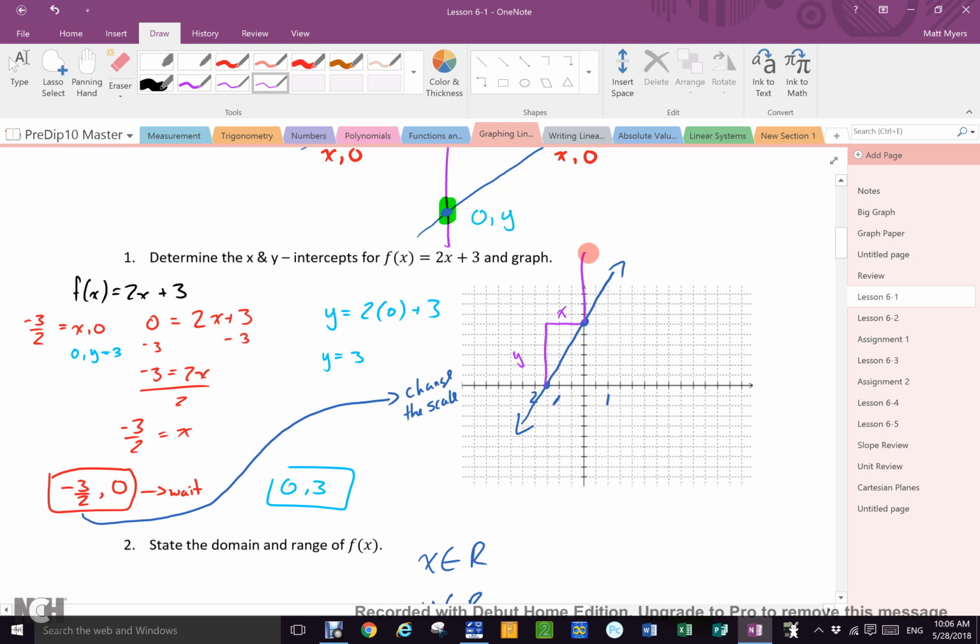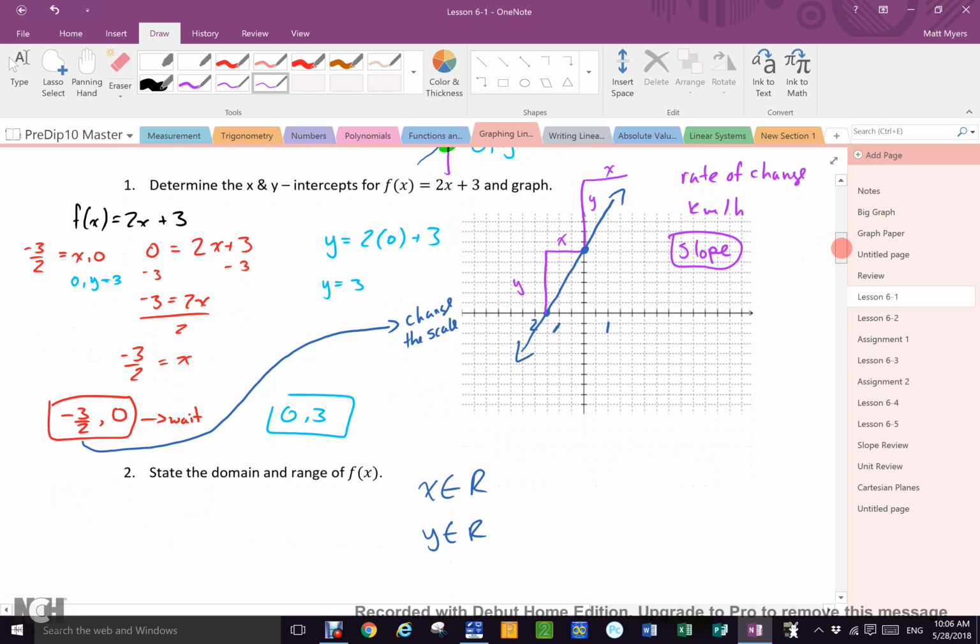Up that far and then that far over to create my stairway, yeah? We call that the rate of change because we always use it for things like kilometers per hour and things like that, right? Now, that's called the slope, which you already know from science, right?